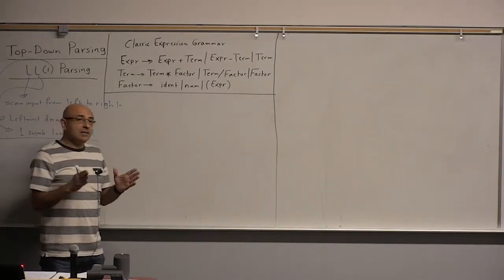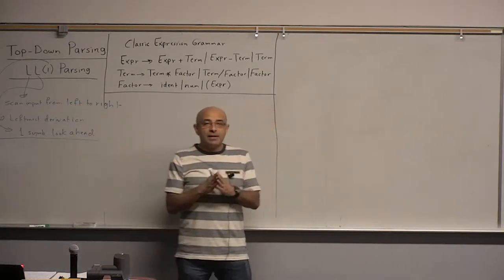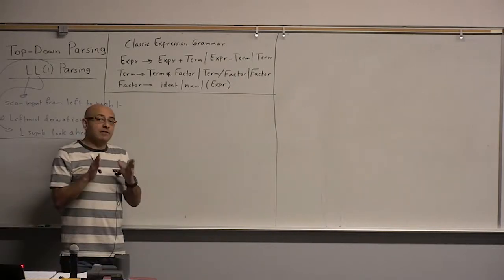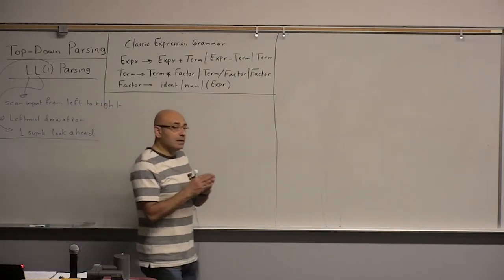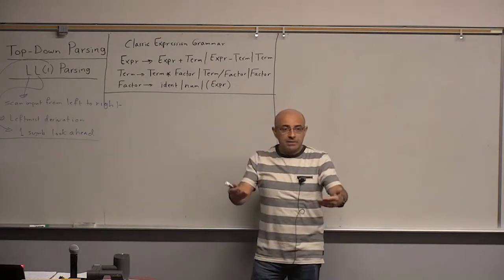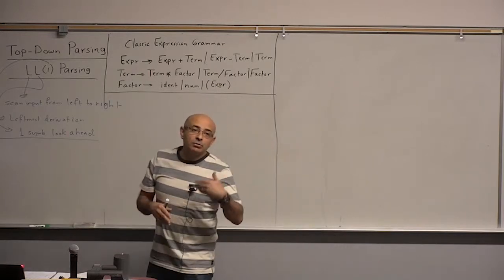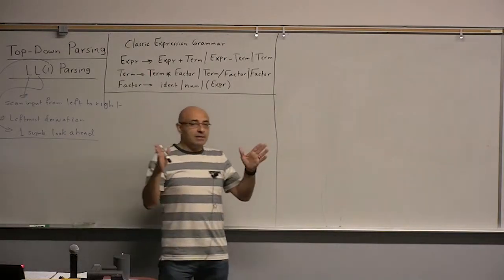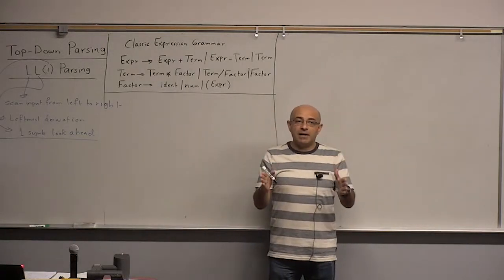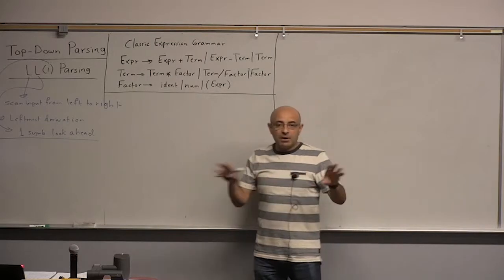A parser is a program or an algorithm that will automatically find a derivation for a given input string. So it will either find a derivation for a given input string and build the parse tree that will become the abstract syntax tree, or it will say that this input string does not belong to this language. It's an invalid input string.